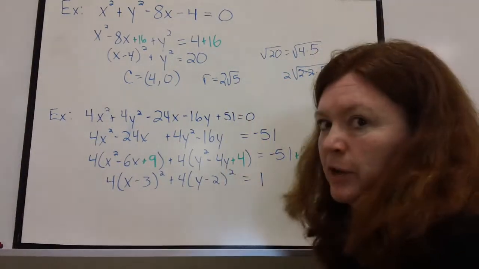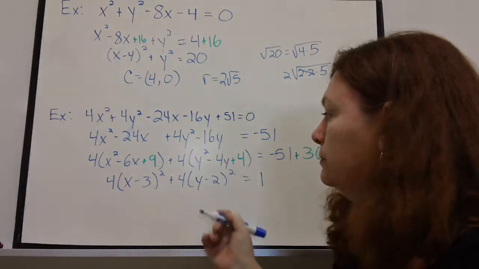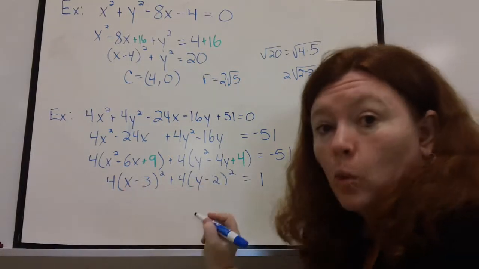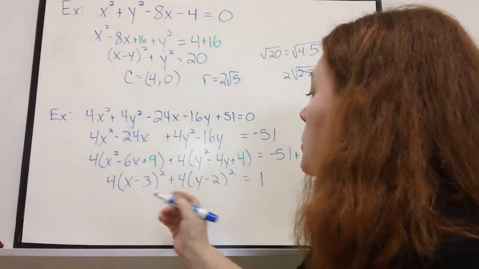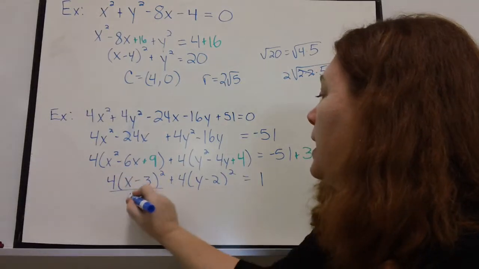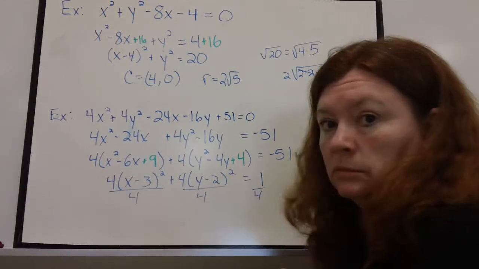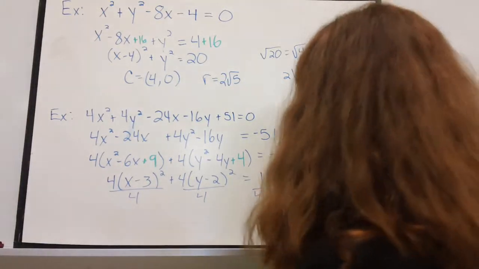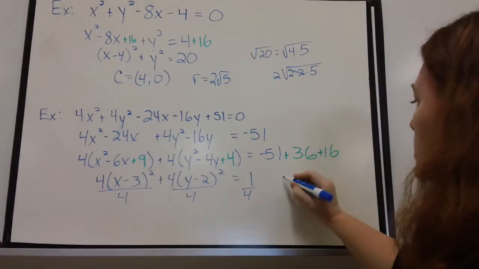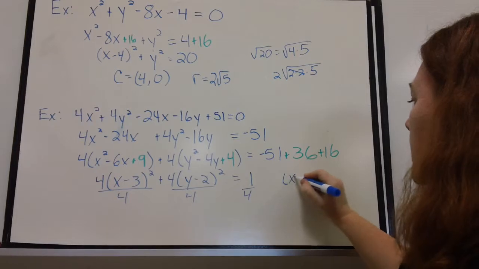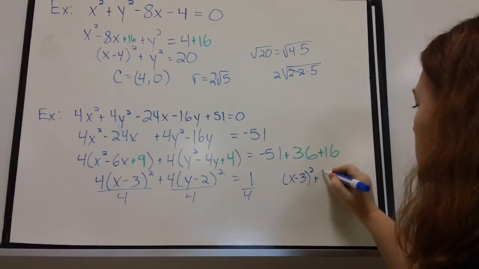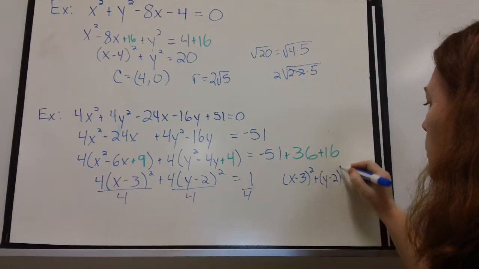Well, the center is pretty obvious, but the radius is not, because I have this 4 in front of my parentheses. So I must divide everything by 4.